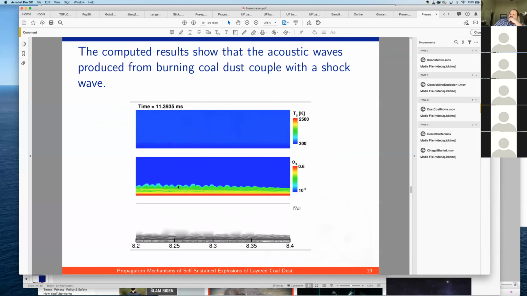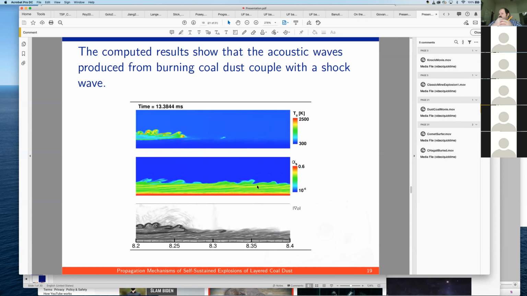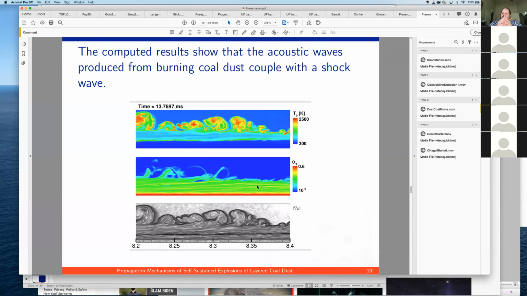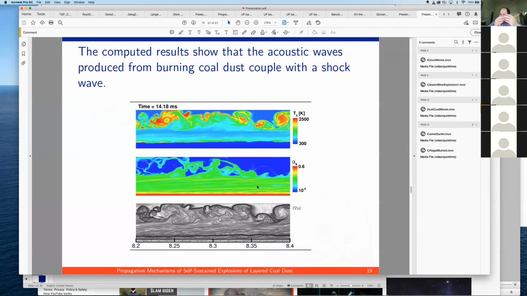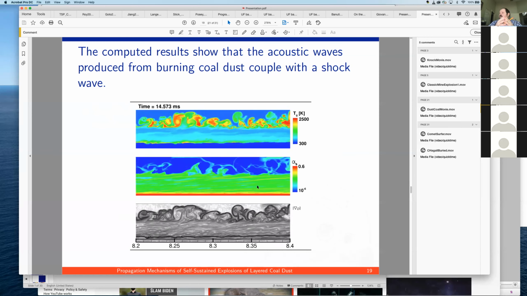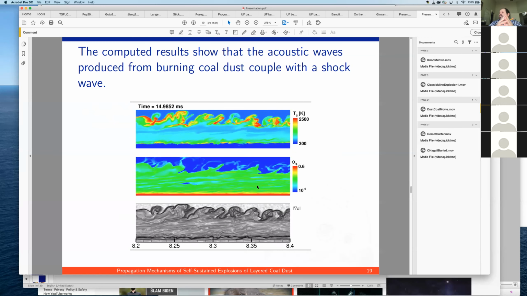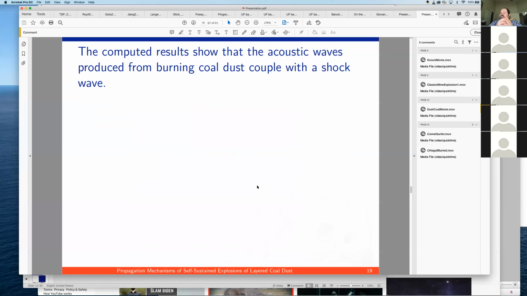And so here we have a layer of dust, the shock wave sliding over it, and this here is just the height of the dispersed dust, which again compares well with experimental measurements. And then after an ignition delay, for this case, we see a massive coal dust flame moving by.